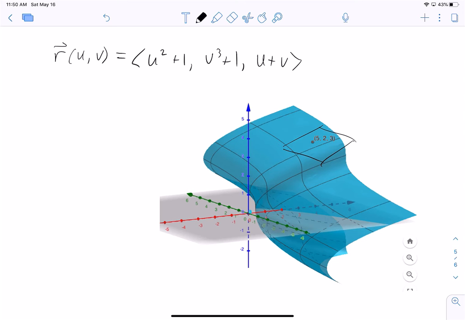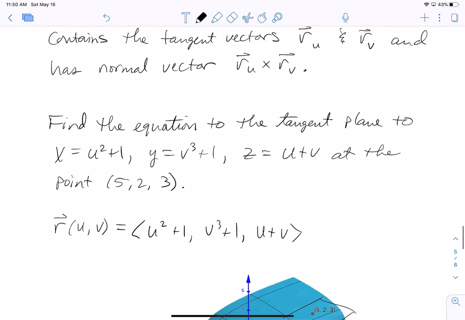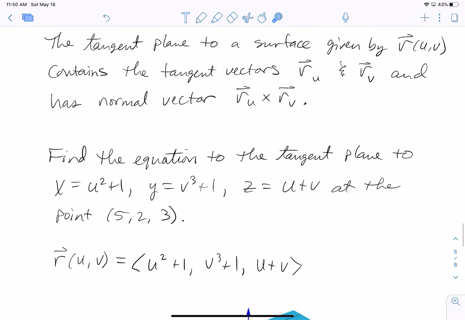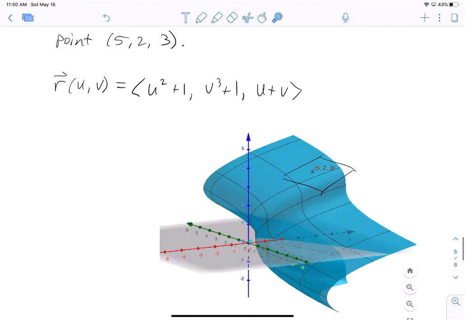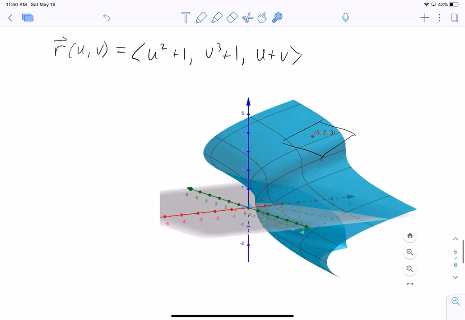And then let's explore this assertion that the surface contains the tangent vectors r_u and r_v. r_u would be a tangent vector that we get by holding v constant, and so it should point in a direction that's parallel-ish to the parabolas. So we're going to call that r_u.